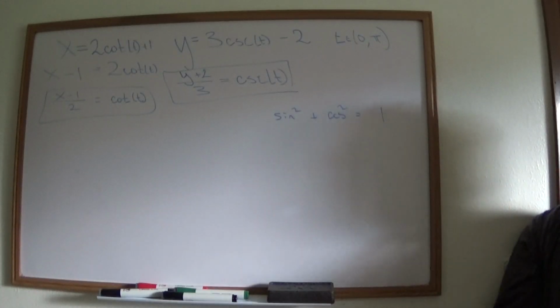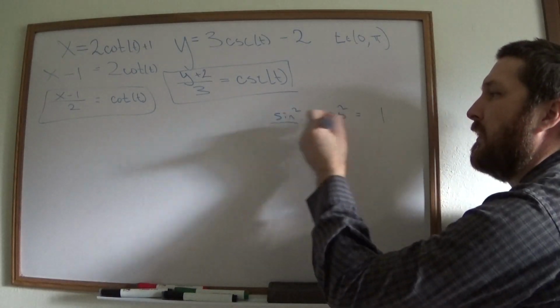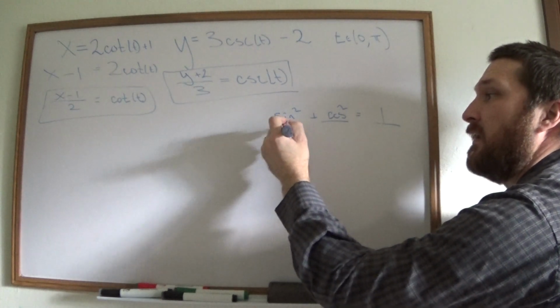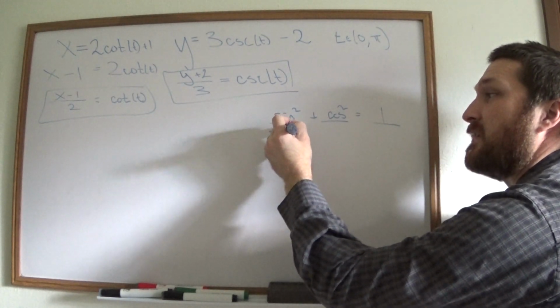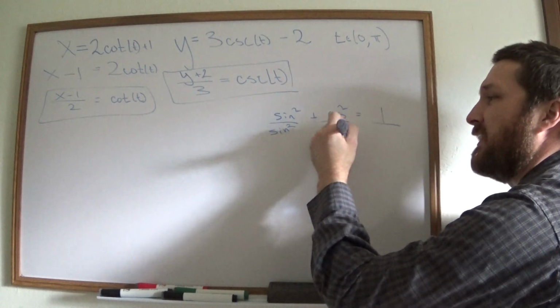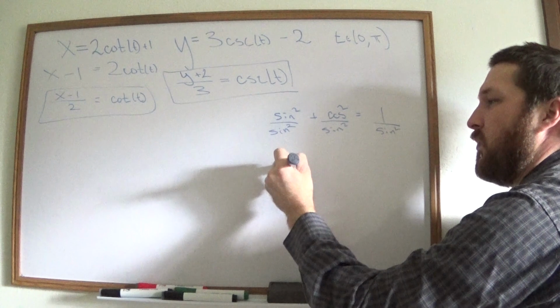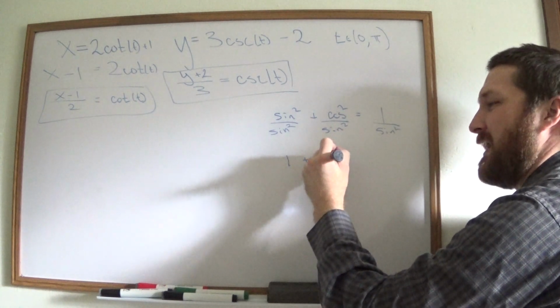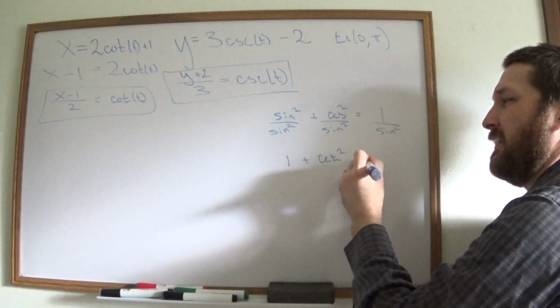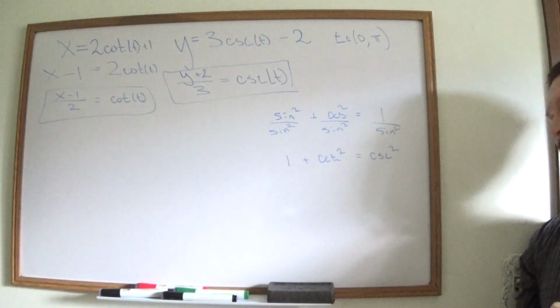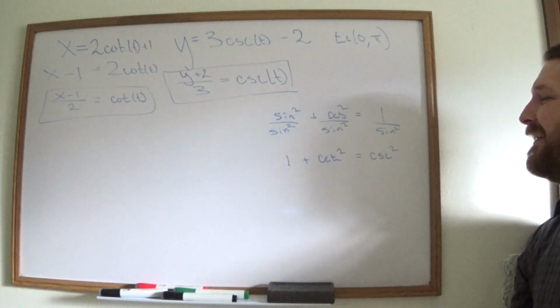Divide everything by sine squared. So if I divide by sine squared, this turns into 1 plus cotan squared equals cosecant squared.